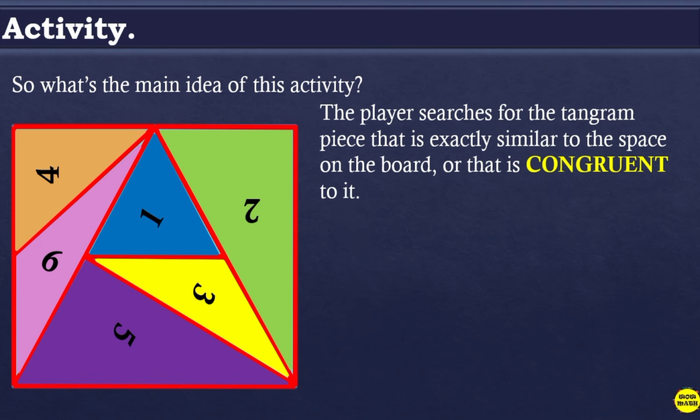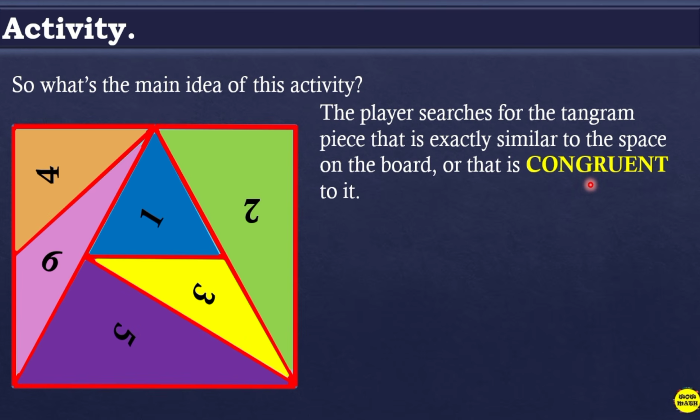So, the player, at ikaw yun, searches for the tangram piece that is exactly similar to the space on the board. Halimbawa, itong si number 1, nakita nyo na yung blue na triangle ay ka-size niya, kasukat nitong part na to ng puzzle. Kaya dito nyo siya nilagay. At ang tawag natin doon, congruent.